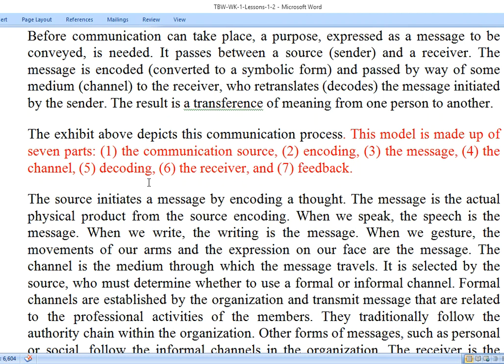Number 1, the sender, meaning designer or encoder or speaker. Second thing is message, meaning the very product he encodes. Third thing is medium, the source he is trying to use to carry that information to the very person, and that is called channel also.